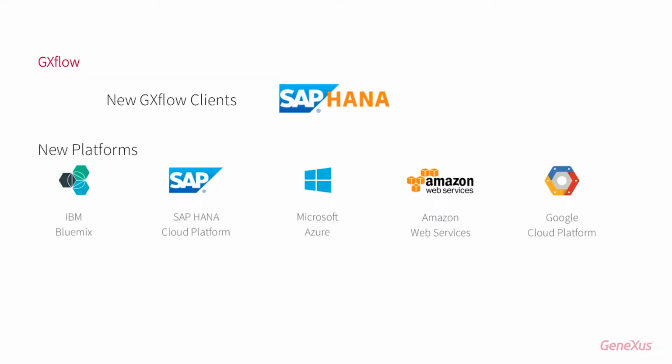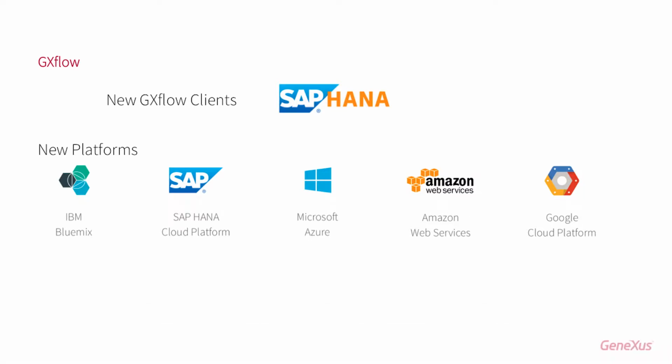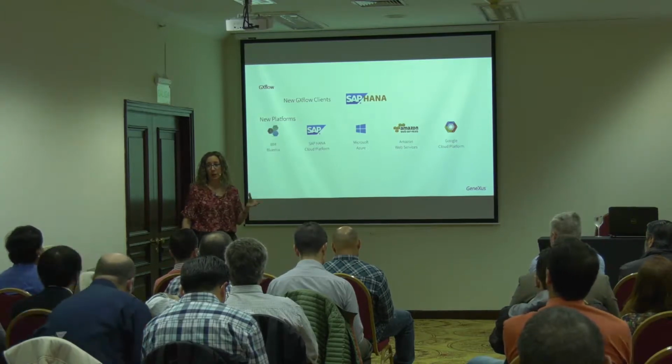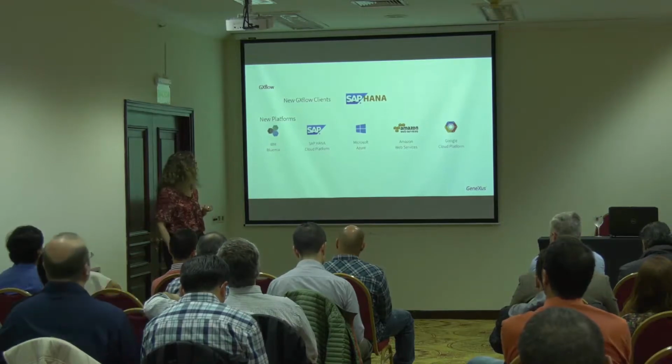Apart from that, you can install it as a services platform, and we are supporting Bloomin's, SAP, Microsoft, Amazon, Google. So far we hadn't got that option. We had been unable to install any PaaS, but now you can.